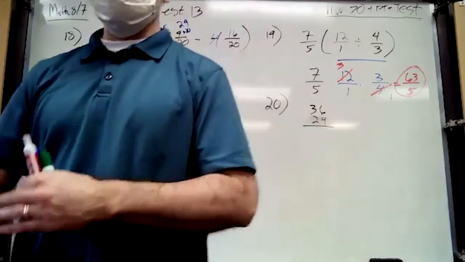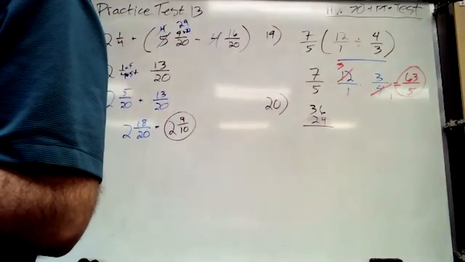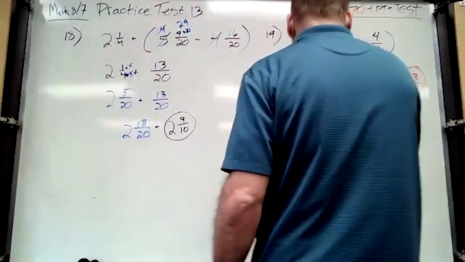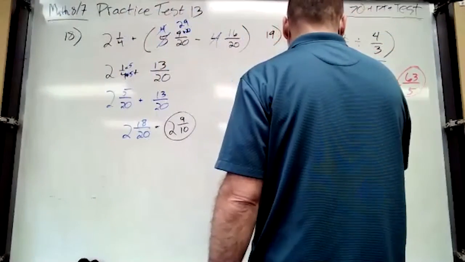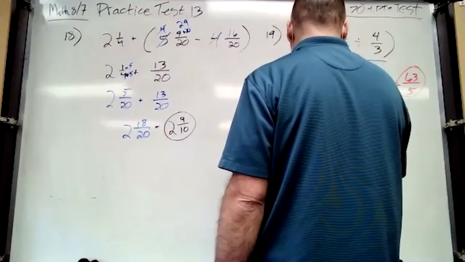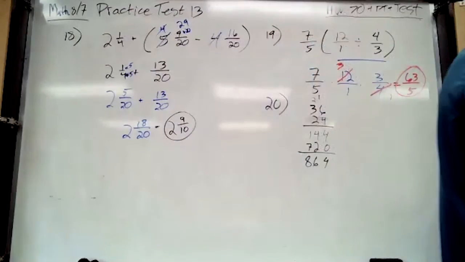I'm ignoring the decimals for now. If you ignore the decimals, that's what you're multiplying. 36 times 24, let's do it. 144, 72, 864.